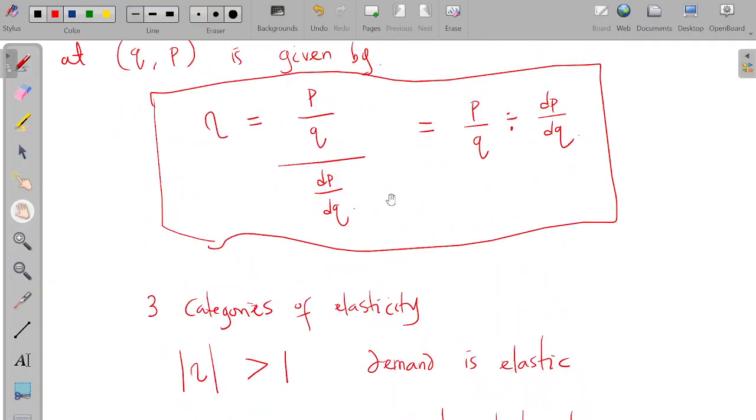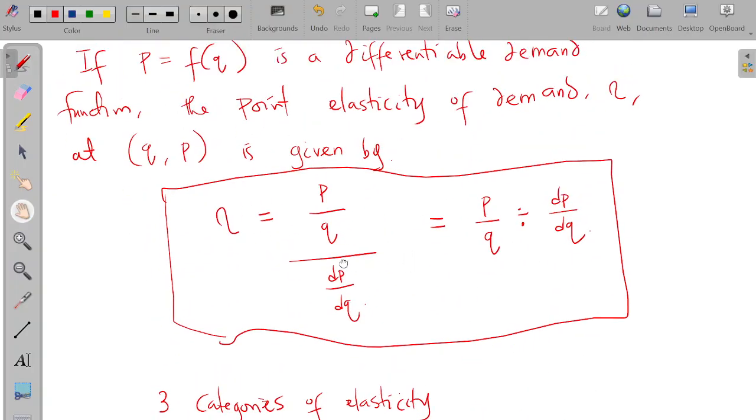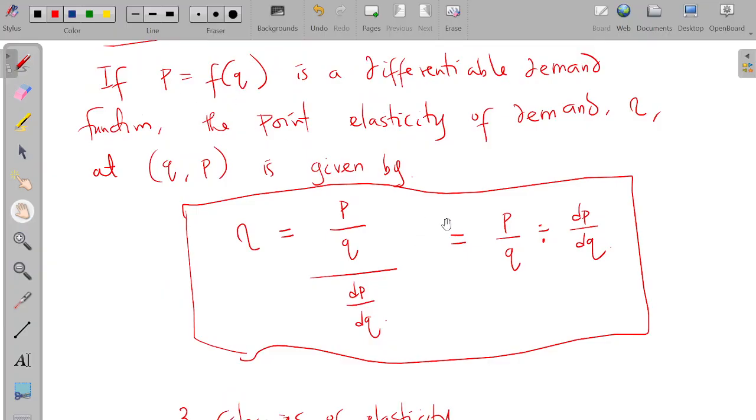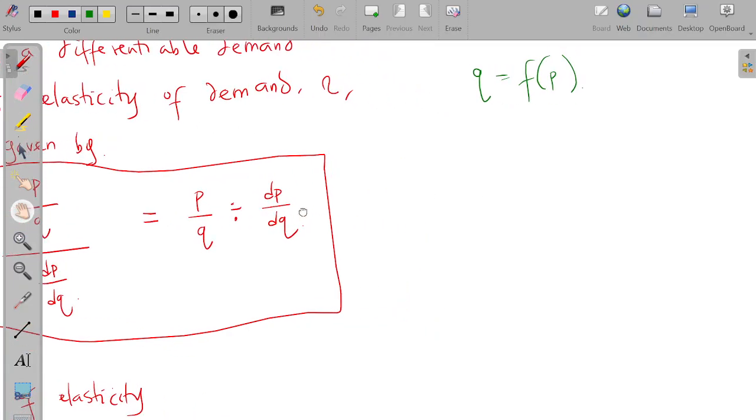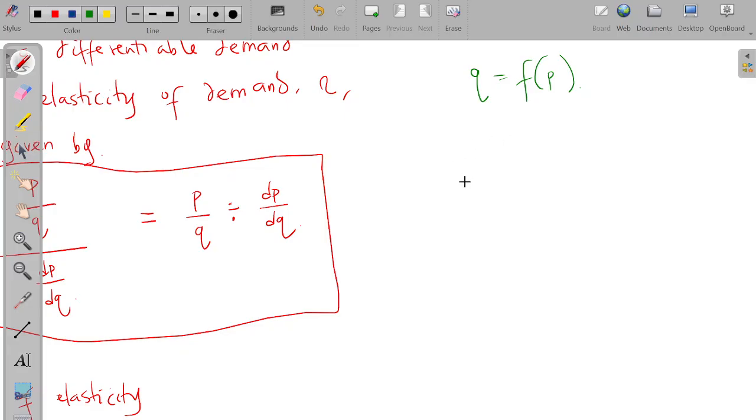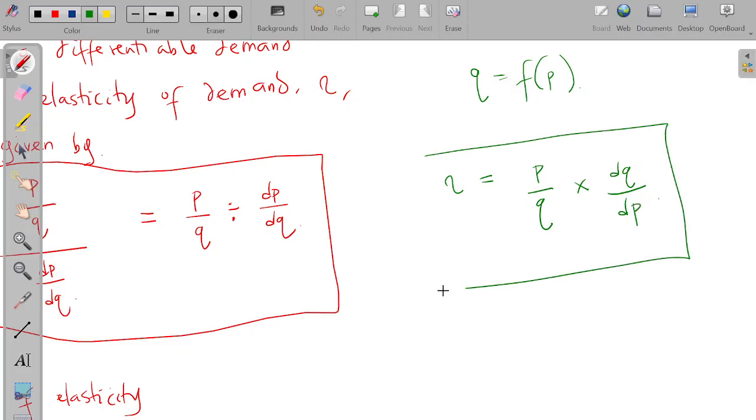Now, I made mention that if we are given P as a function of Q, but what about when we are given Q as a function of P? Then our point elasticity will still be P over Q, multiplied by dQ over dP. Okay, this is also very important.